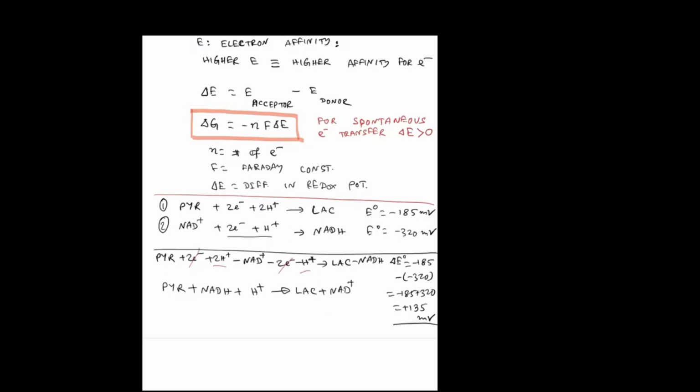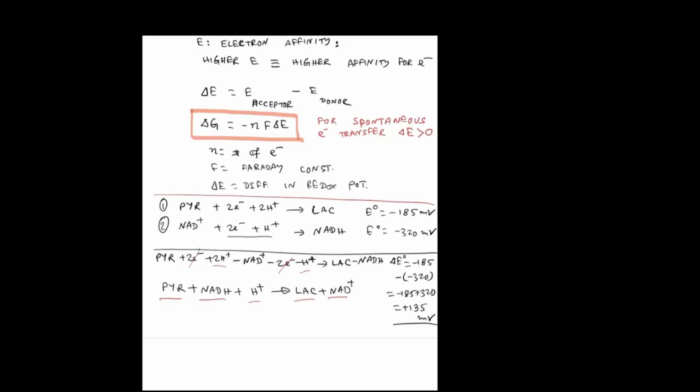So this is the net reaction that happened. Pyruvate is an oxidized compound. It is reduced by NADH. And there is a proton that was needed to make the alcohol part of the lactate, and that's how we make the lactate. And we make NAD plus.